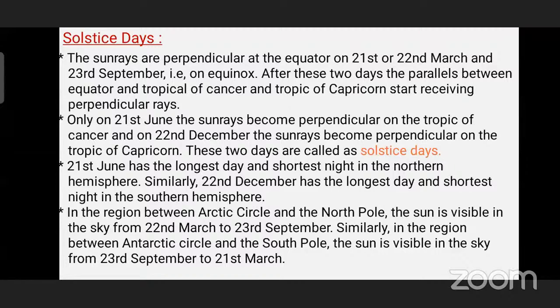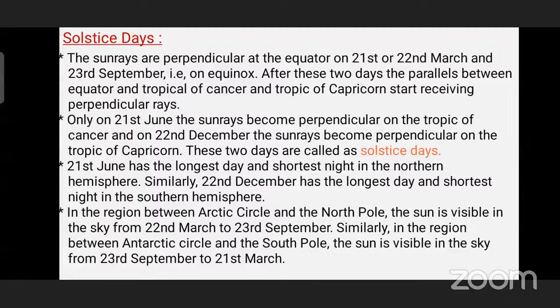So only on 21st June, the sun rays become perpendicular on the Tropic of Cancer, that we have seen in the last figure. And on 22nd December, the sun rays become perpendicular on the Tropic of Capricorn. So these 2 days are called solstice days. So we have seen equinox days and we have seen solstice days now.